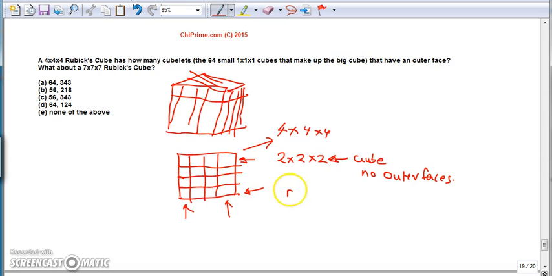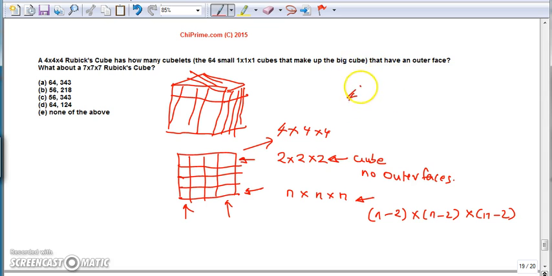Generalizing, we can say for an n by n by n Rubik's Cube, it'll be an n minus 2 by n minus 2 by n minus 2 internal cube that has no outer faces. All right? So for a 4 by 4 by 4 cube, how many cubes have an outer face?